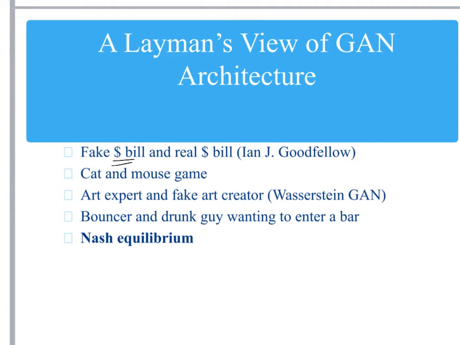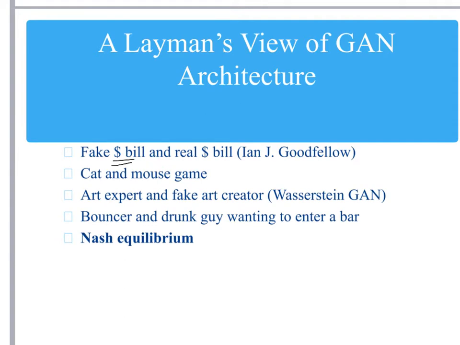Now, the banker is always trying to catch people who are making fake dollar bills, whereas the person making the fake dollar bill is trying to deceive the banker. So there is a conflicting interest here. One is trying to deceive the other. The fake dollar bill person is trying to deceive the banker, and the banker is trying to catch the person who is making fake dollar bills.